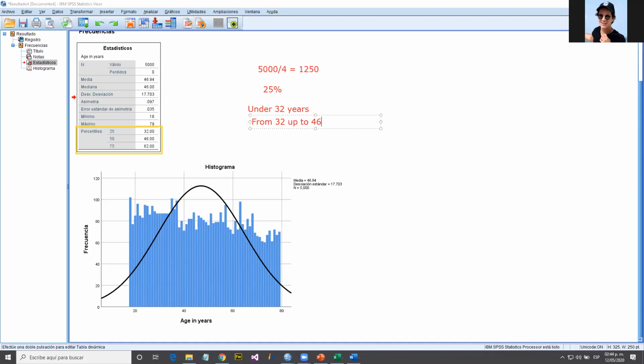Then from 46 up to 62. And the last one will be 62 and above. So now I have 4 different segments. I have 4 different groups. So if I want to create discounts, promotion, different communication, just imagine that you are creating a Facebook ad, you have to consider 4 different groups of people.